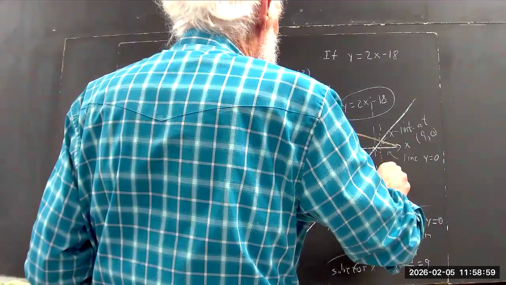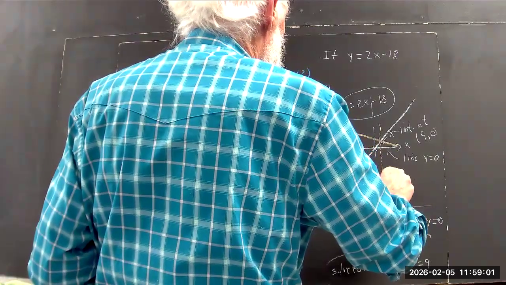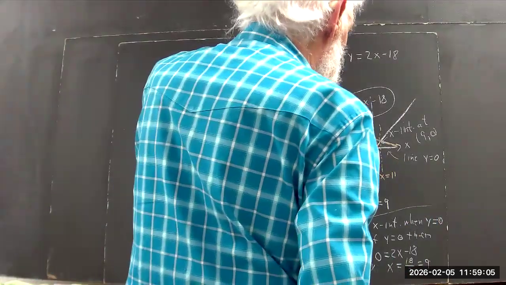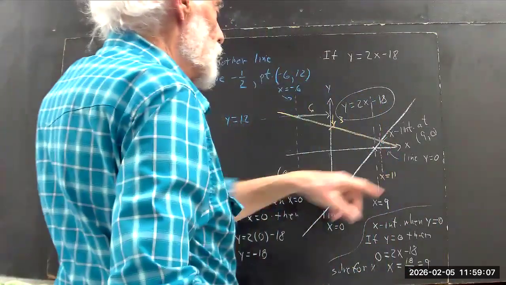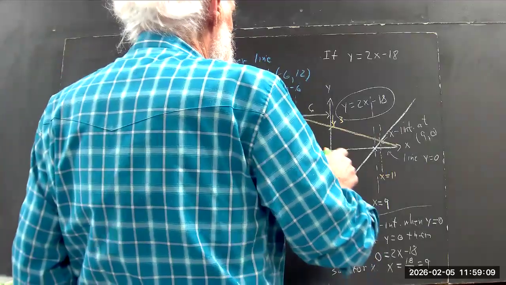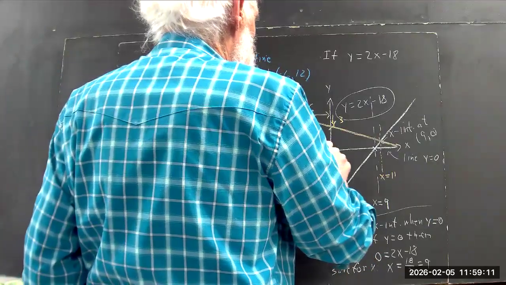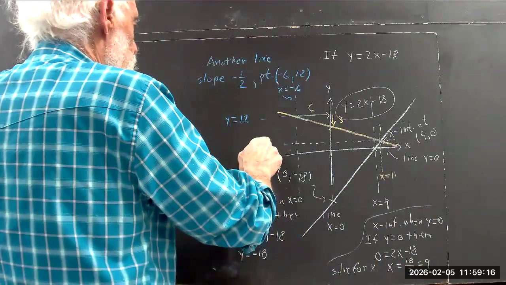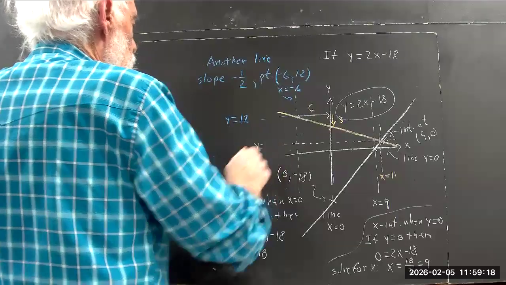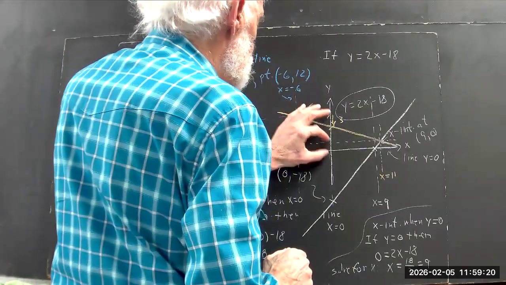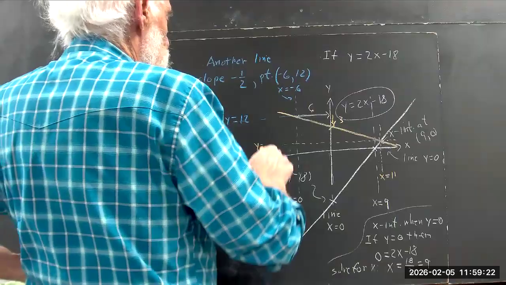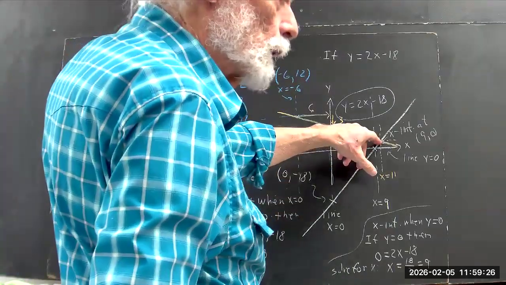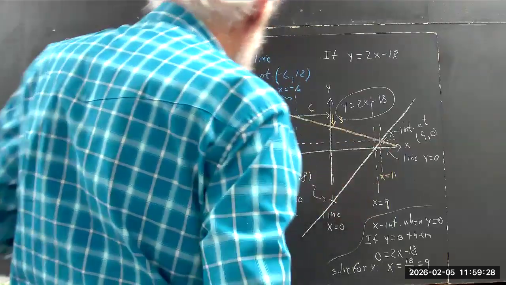The vertical line through the point where the two lines cross is maybe x equals 11. And the y coordinate, which is going to be a little bit low, I think. Okay, if this is 18, what's this? I'm going to say it's maybe about 4. Okay, crossing point is at 11, 4.